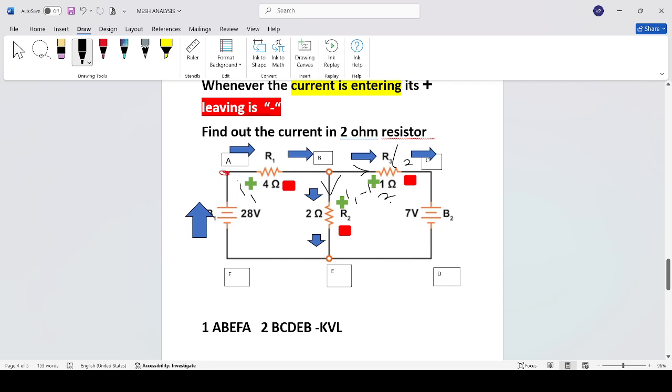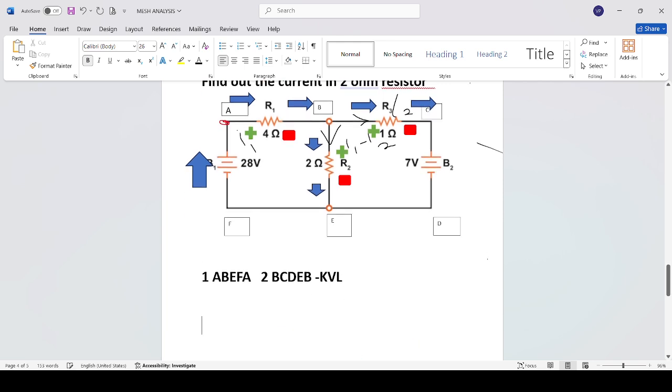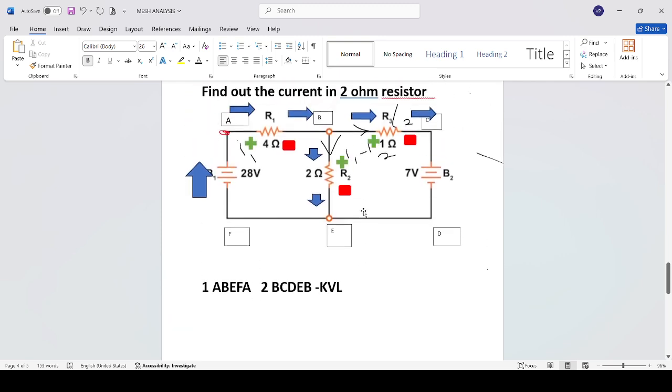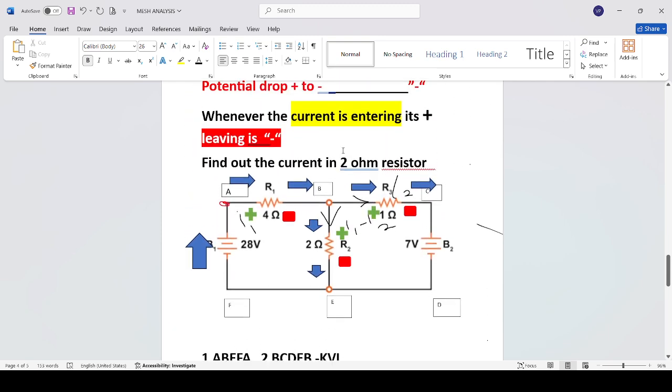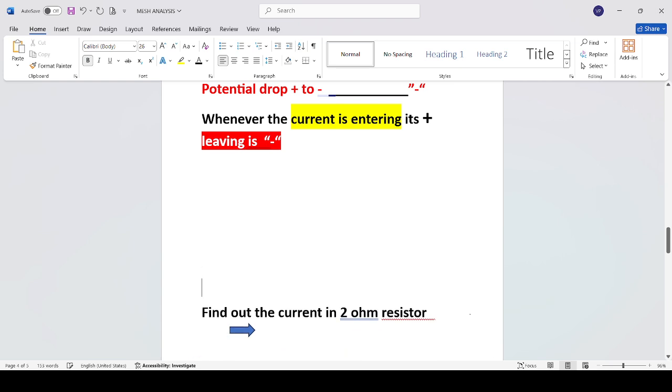We have assumed the current direction, then we are going to apply Kirchhoff's voltage law. First I have taken the loop A, B, E, F, A, on a fresh page.